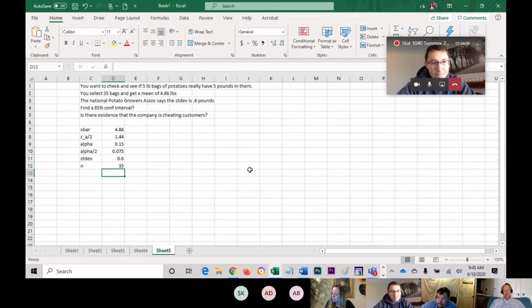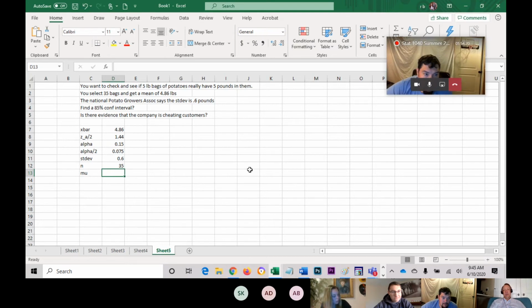Now that's all you need, but just for fun, is there a mu in here? It should be 4.86, right? Oh no, that's just the sample. Mu should be 5 pounds. That's what the label says, right? So the population mean should be 5 pounds.